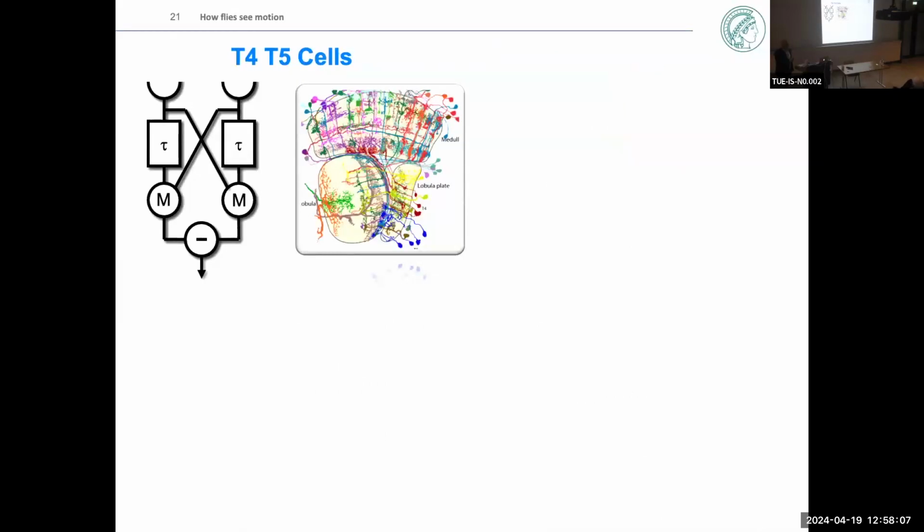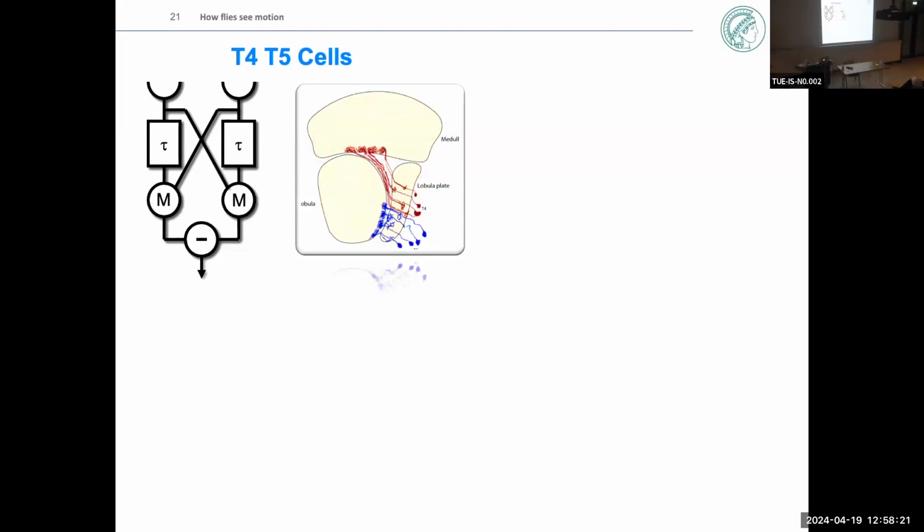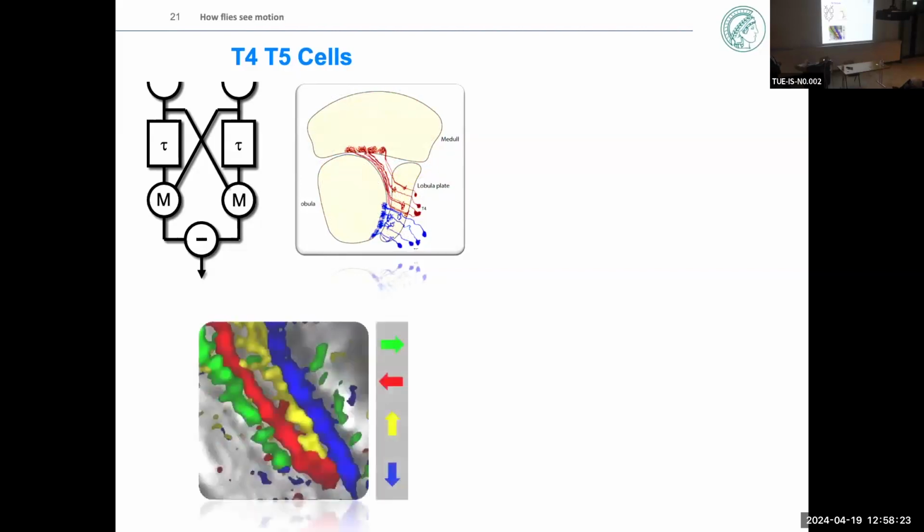So let me just summarize before we do the last 5 minutes, and then we can have lunch. Looking for the elementary motion sensing neurons in the fly optic lobe, we found the T4, T5 cells being responsible for that. And these form these beautiful functional layers representing the 4 directions of motion in the lobula plate.